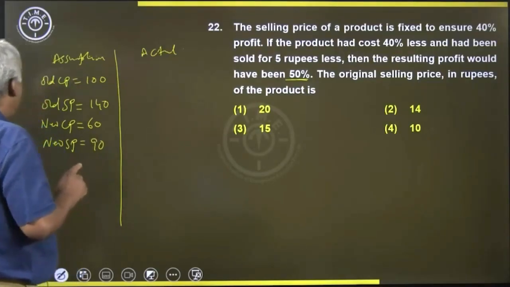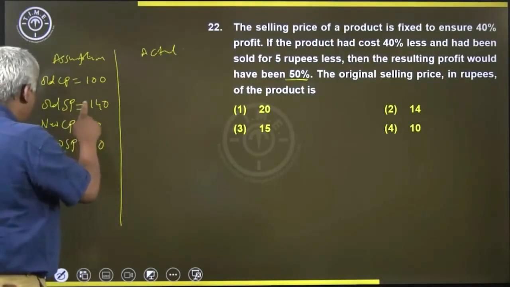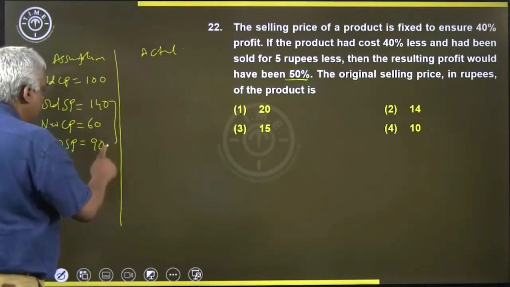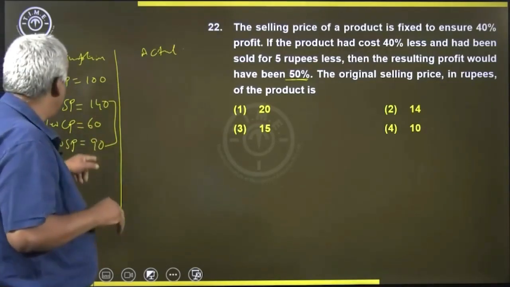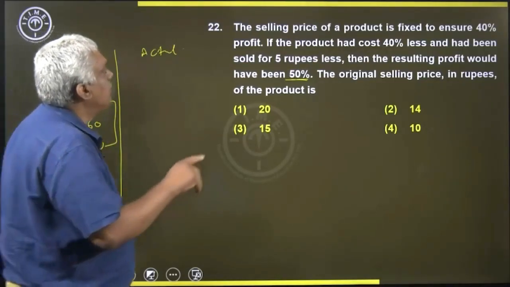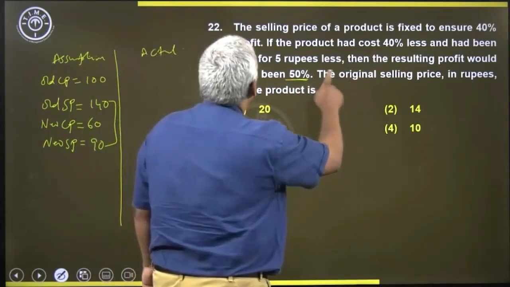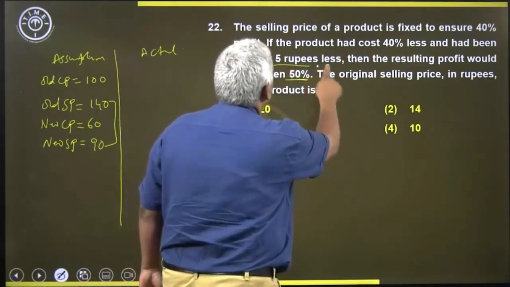Now, you see the old SP and new SP, the difference is how much? The SP is reduced by 50. Here they are saying it had been sold for 5 less.